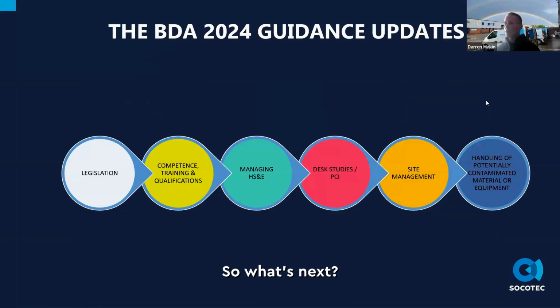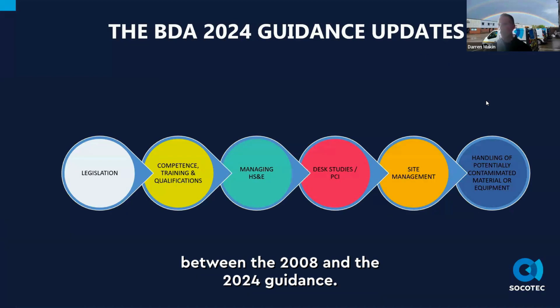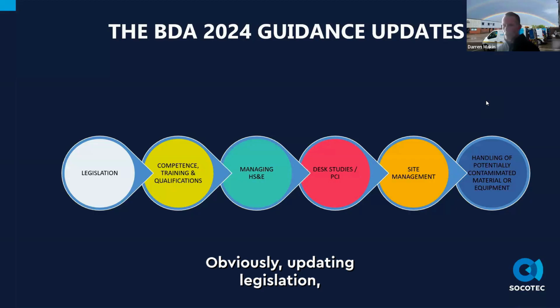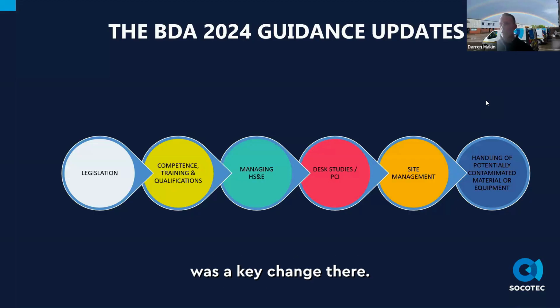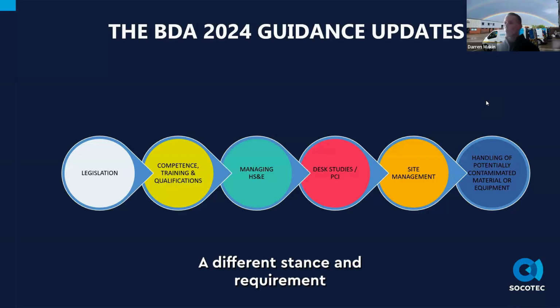So what's in it? These are just the main changes between the 2008 and the 2024 guidance. Obviously, updated legislation, predominantly the introduction of the CDM regulations as a key change. A different stance and requirement for competence, training and qualifications.